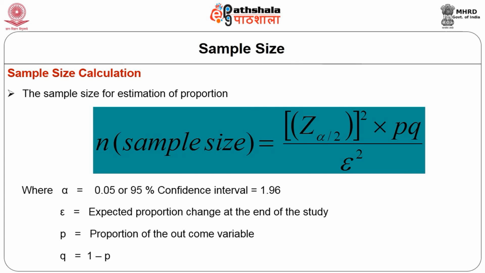Also, if you want to increase the confidence interval from 95 to 99, the sample size also increases. Therefore, the more the sample size, the less the variation. So, this is the way you calculate using the prevalences, and previously we talked about using the means.